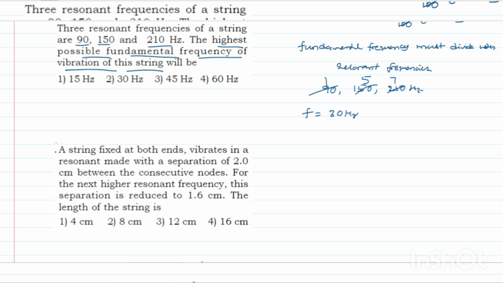So here exactly it is going to be dividing. Like an elimination method, students, when you take 45 Hz and 60 Hz, here it is not going to be divided. So the fundamental frequency must divide the resonating frequencies. So the correct answer for the fundamental frequency will be 30 Hz.